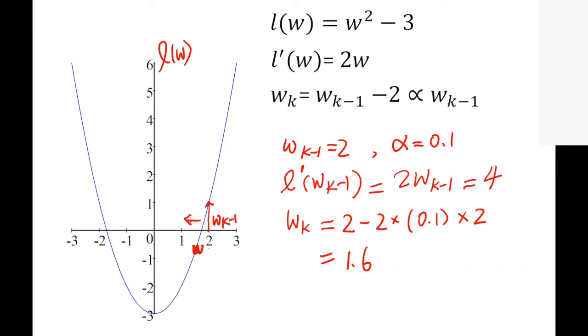The step size is controlled by alpha and also by the gradient, which is 2w_{k-1}, in this case 4. So it actually moved a slightly smaller step. It moved around about here, from w_{k-1} to w_k. So it's a good move, in fact, right?